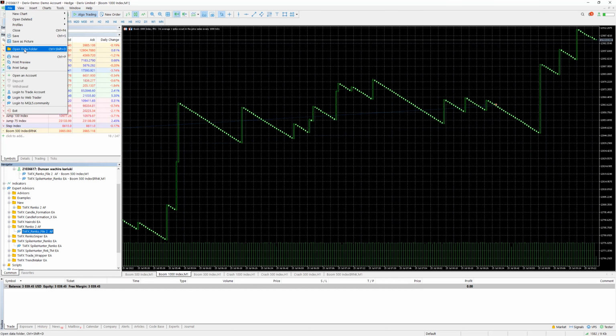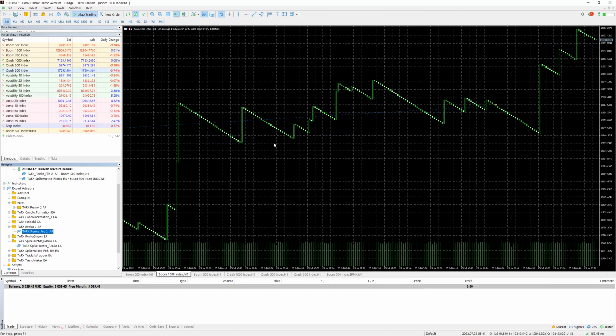So go to File, go to Open Data Folder. We just want to do this once and for all, because we don't want to be repeating inserting the file each and every time. Go to Profiles, go to Templates. We want these templates of Spike Hunter.